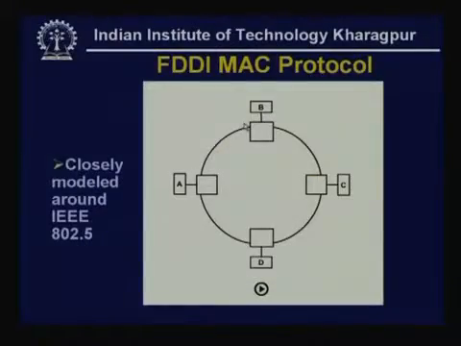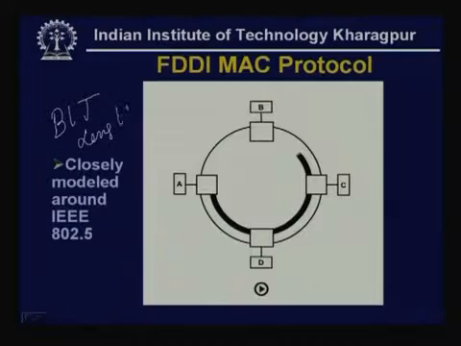And although the MAC protocol is closely modeled around 802.5, there is one difference. As we have seen in case of 802.5, a packet starts going and goes around the ring, and usually the bit length, that means the time it takes to reach the transmitter, is smaller than the transmission time of a particular packet.